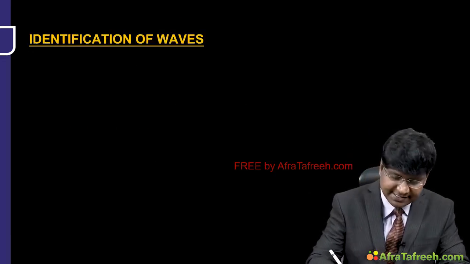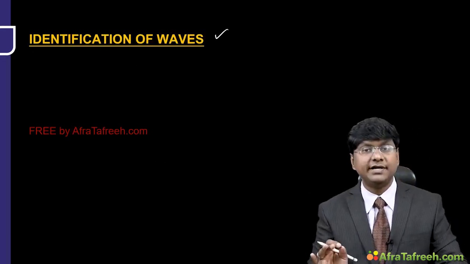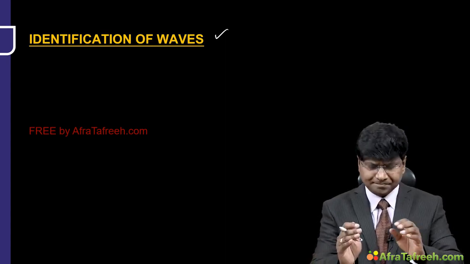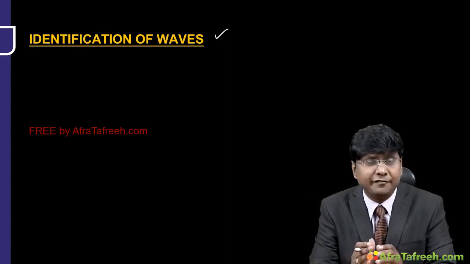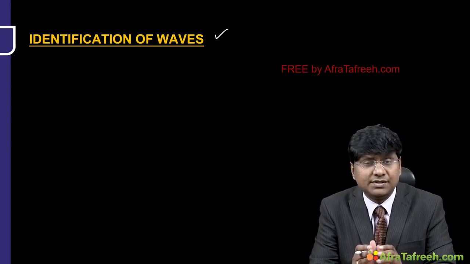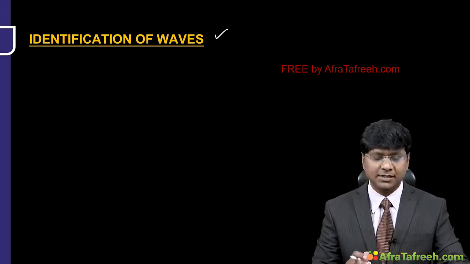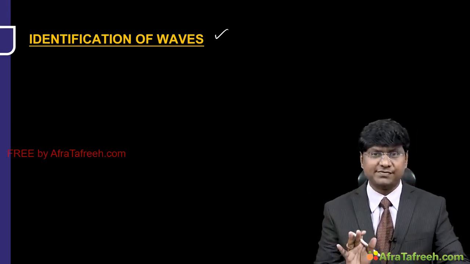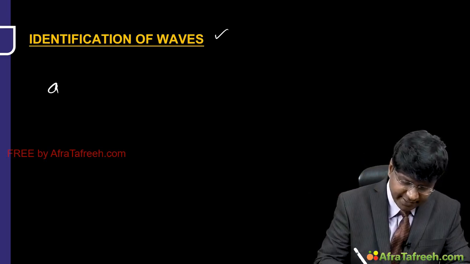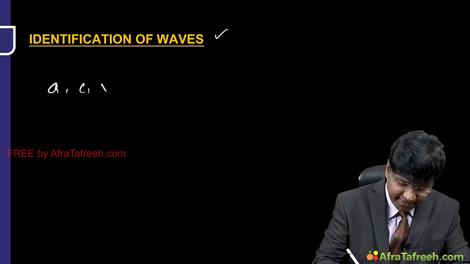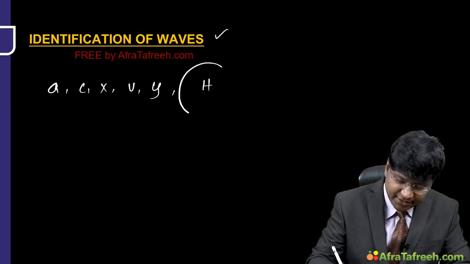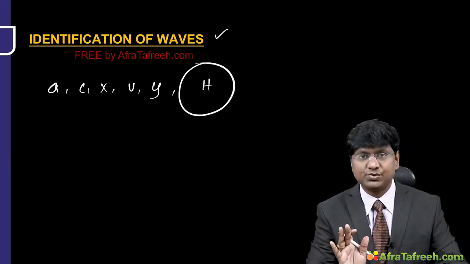Now, let us discuss the identification of the individual waves. Identification of waves comes with experience. This comes with time. Now, what are these waves? We have A, C, X, V, Y, and occasionally you will have this H wave as well.